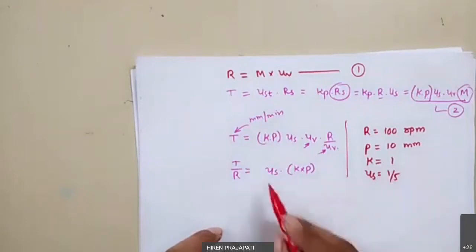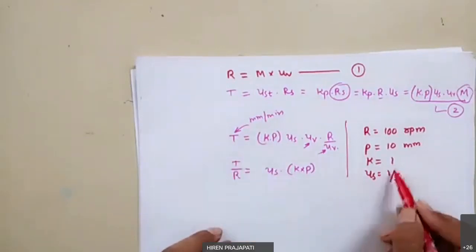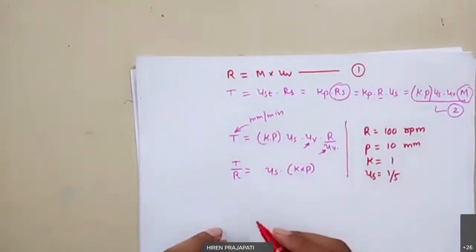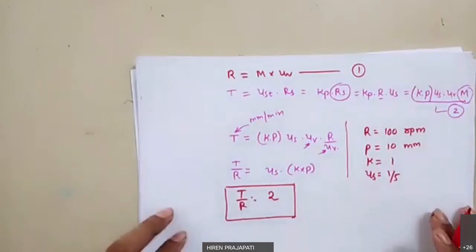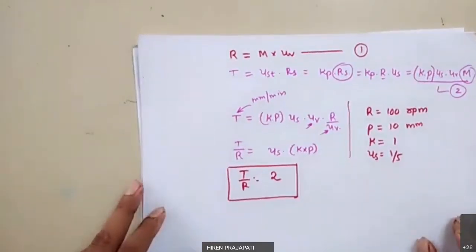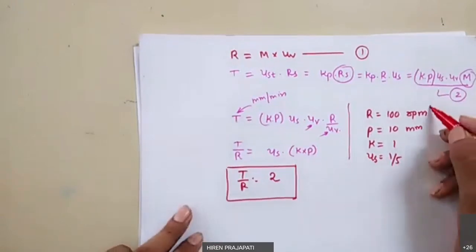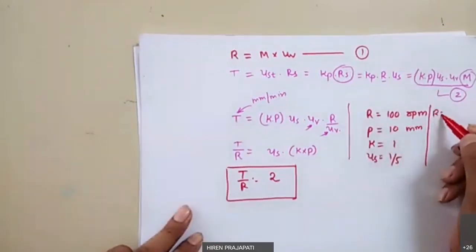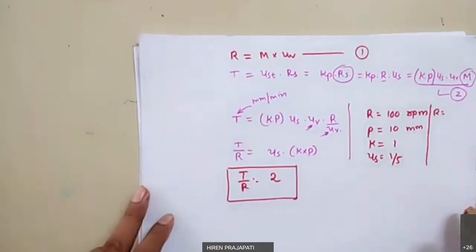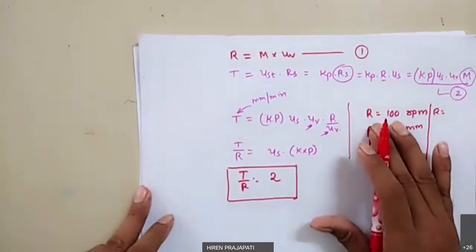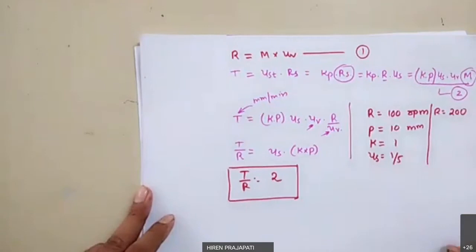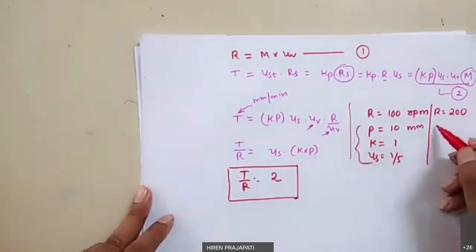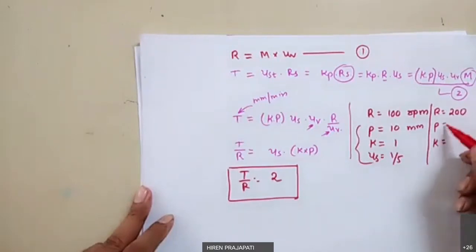So with this, if you solve this equation, if you put all these values here, then what will we get? T by R, if you put all these values, we get 2, right? Now suppose you change speed, means now suppose the diameter of the workpiece is reduced, and now suppose I want to change speed from 100 to 200 RPM. Now these are the constant values like P, K, 10, 1.